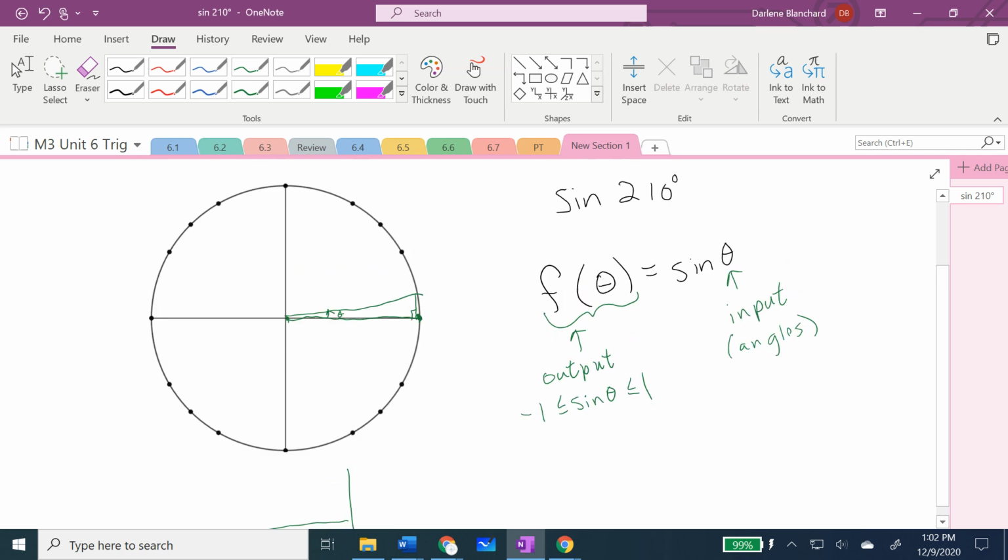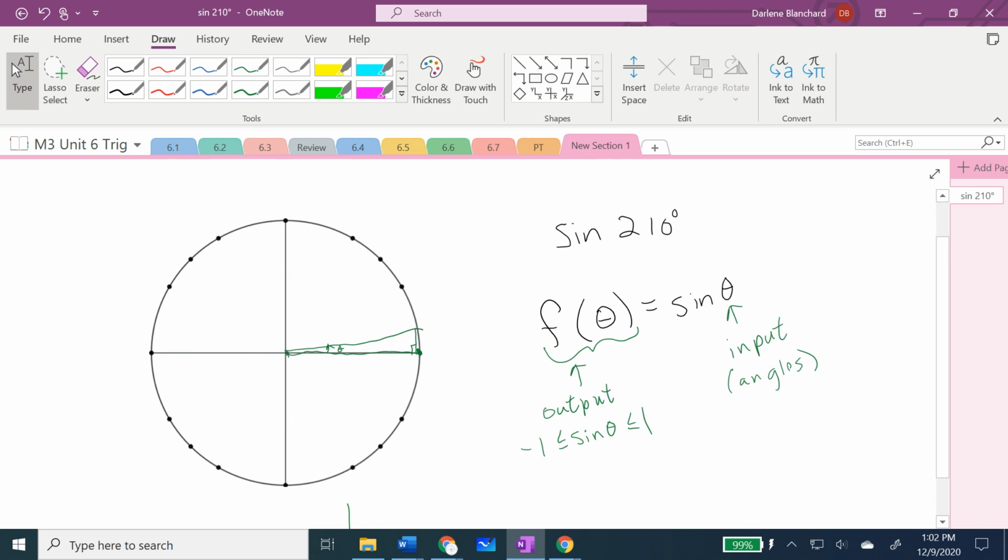Also, with a right triangle, you're stuck with angles between 0 and 90. By applying the notion of a standard angle that's allowed to turn and turn and turn, we are able to then talk about a function for sine that goes positive, negative, back and forth.